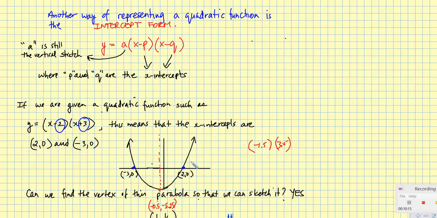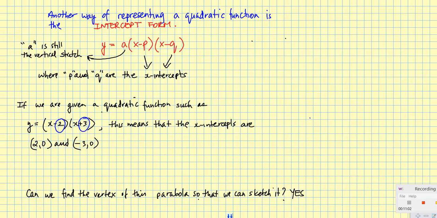So if I took the midpoint between the x-intercepts, that would allow us to find the x value of our vertex, otherwise known as the equation for the axis of symmetry. Okay, so what I can do is I can actually sketch my graph, and there's a couple of ways I can do that. Let me just erase it, and I'll show you very quickly how this would work.